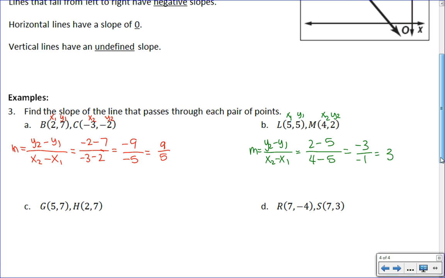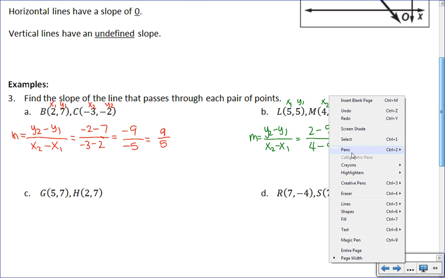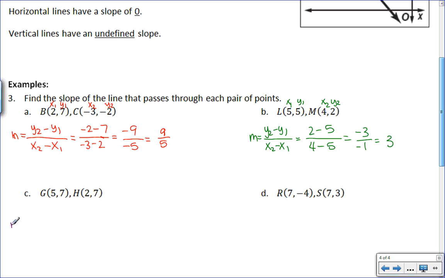Okay. For C, same thing, still finding slope. So we'll write down our slope formula, y2 minus y1 over x2 minus x1. Make sure we label our points, x1, y1, x2, y2. And now we substitute. Y2 is 7 minus Y1, which is 7. X2 is 2. X1 is 5. So we have 7 minus 7, which is 0.